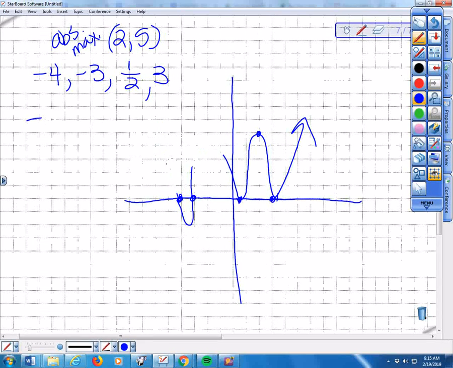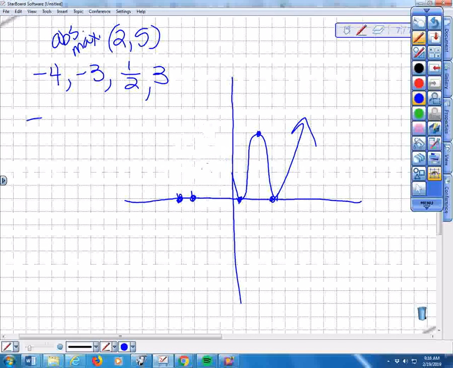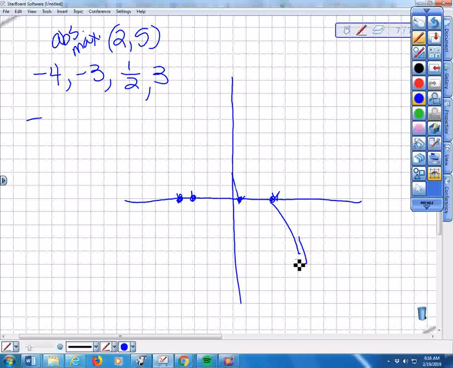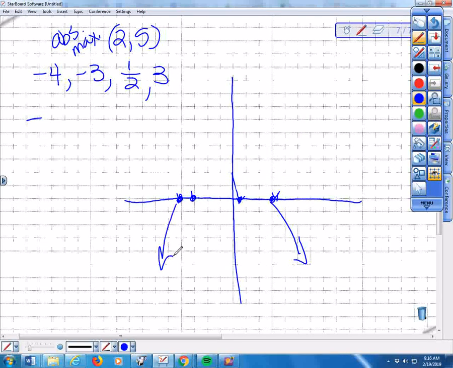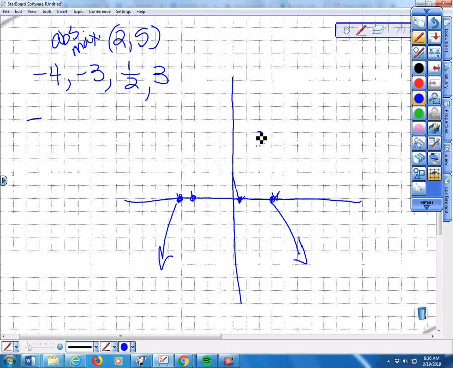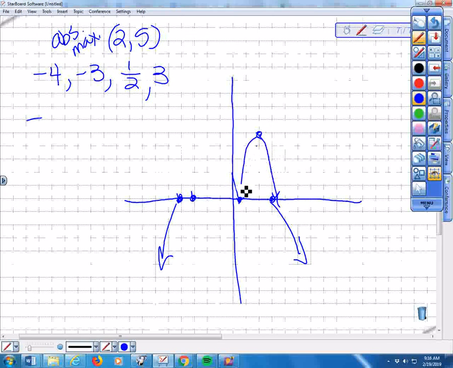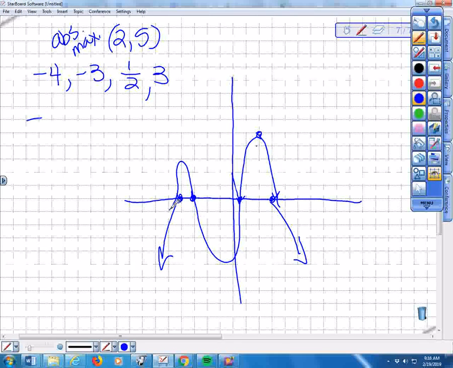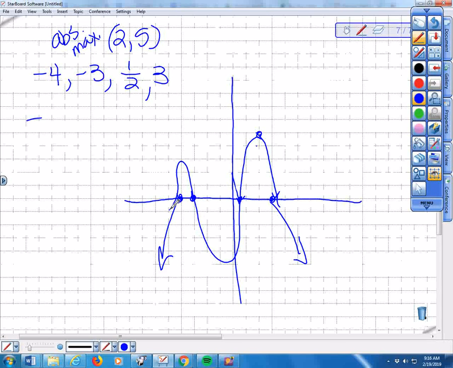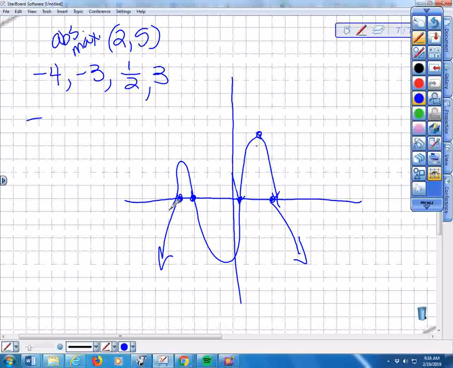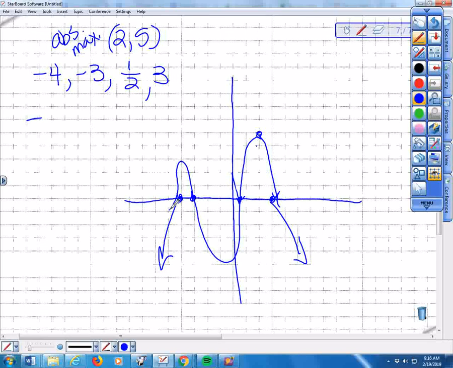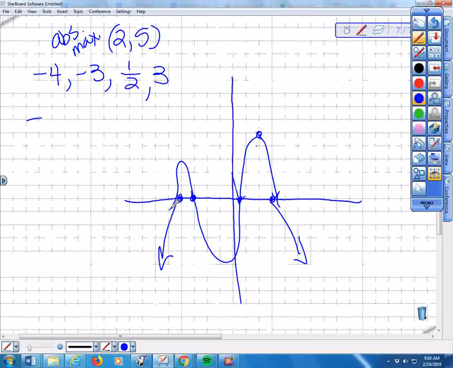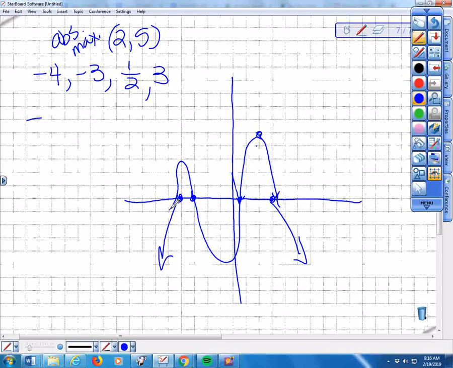If it's a negative, and I have a maximum here, it could shoot down and down. (2, 5) is here, so it could come down. I don't know where this minimum is or this maximum, but it could look something like that. Okay? Just knowing the degree and knowing your zeros is going to give you enough information to be able to sketch graphs. On web work, I think there's a lot of matching, like pick the graph that matches this given information, that kind of thing.